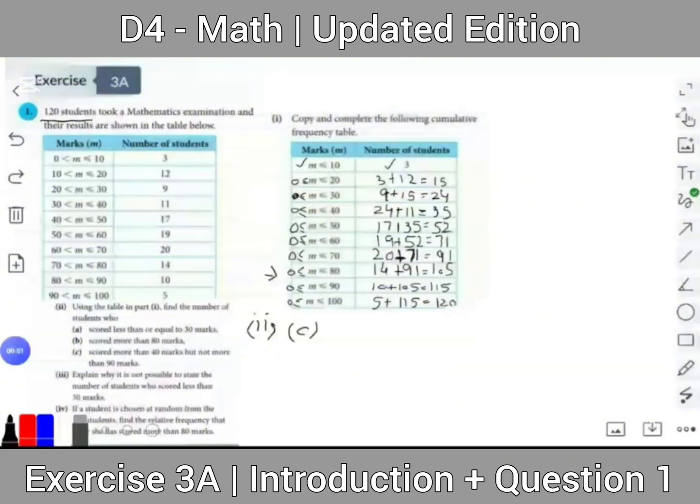Now in part 2c, find the number of students who scored more than 40 marks but not more than 90 marks.